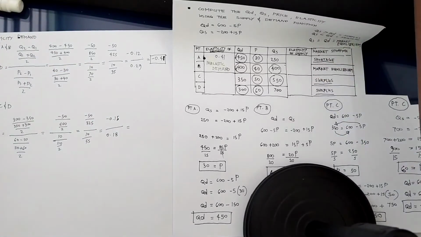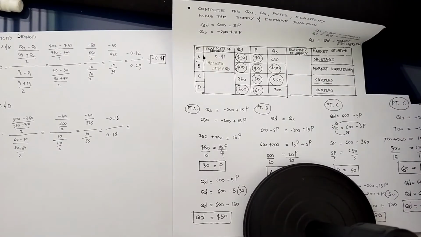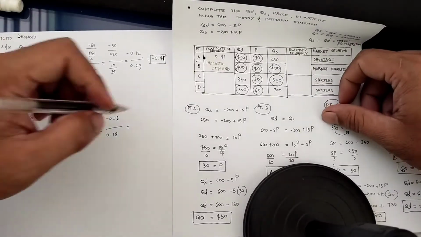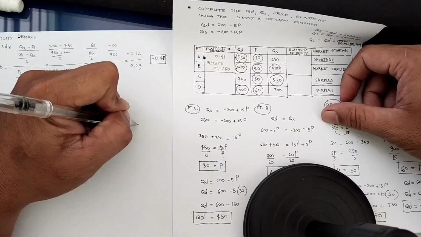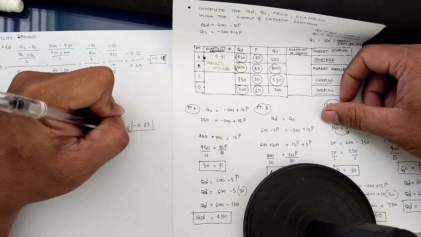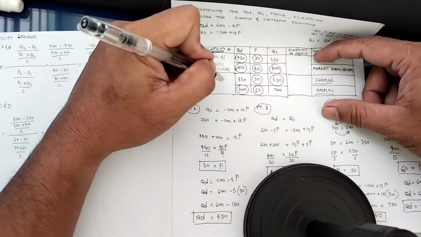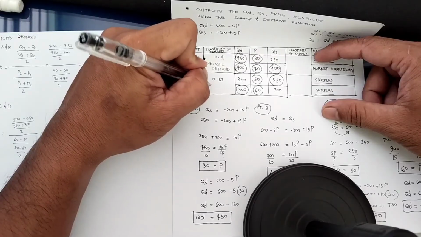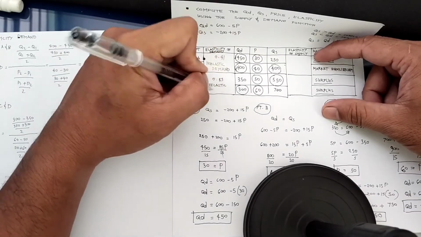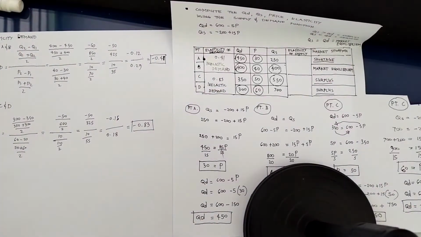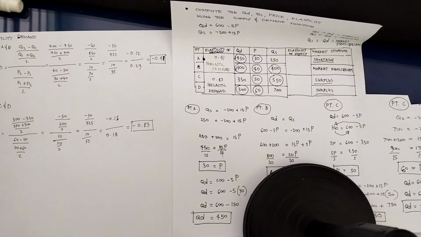So our answer is negative 0.15 divided by 0.18, which is negative 0.83, or 0.83. So that is still inelastic demand. When it is below 1, it's inelastic; if it's 1, unitary; if it is more than 1, elastic.